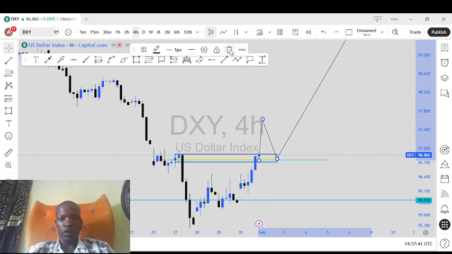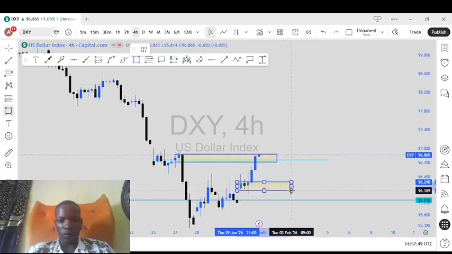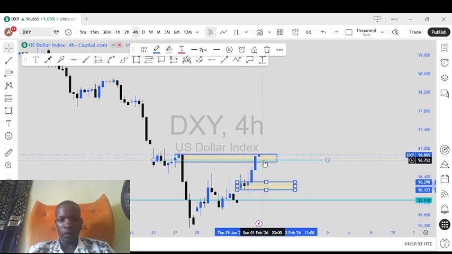Or we should see the market come down to this area. This will be our new demand zone. So we have two options, option 1 and option 2, because we have this breakaway gap here, or we have this other breakaway gap here.